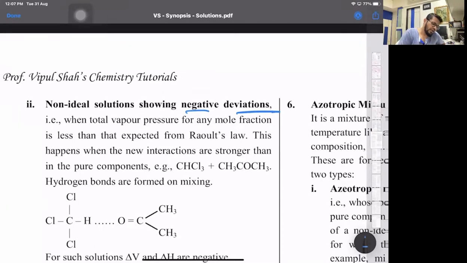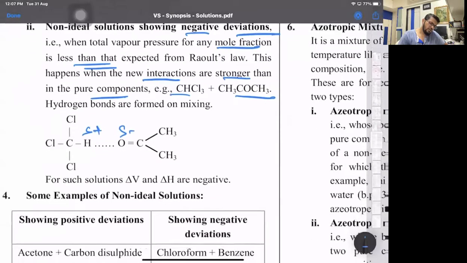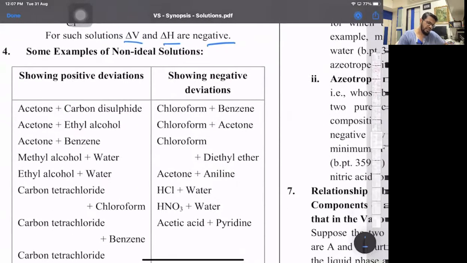When the total vapor pressure at any mole fraction is less than expected, this is because new interactions are stronger than in the pure components. Like chloroform and acetone, they form hydrogen bonding. Look at that. Chloroform, CHCl3, and acetone: hydrogen bonding between the O of acetone and the H of chloroform. In this case, both delta H and delta V are negative. So those are the examples with respect to positive and negative deviations.